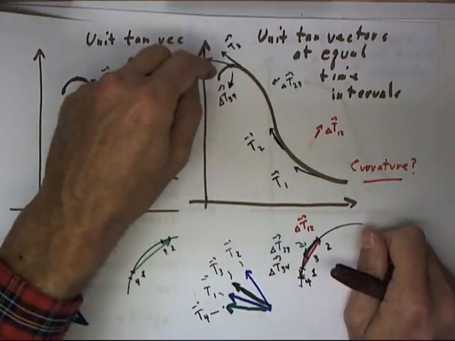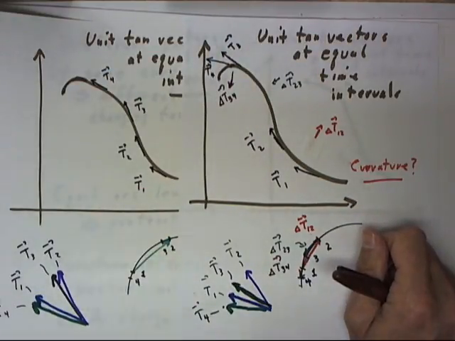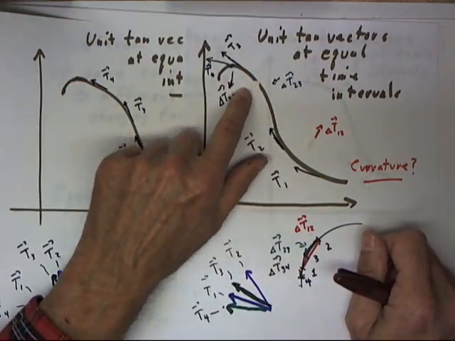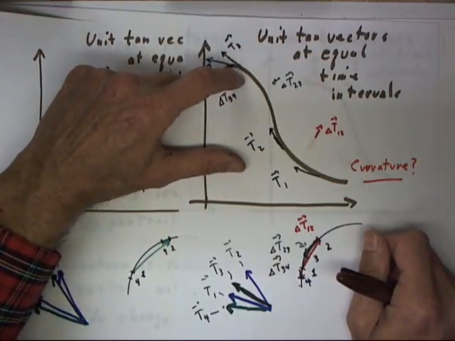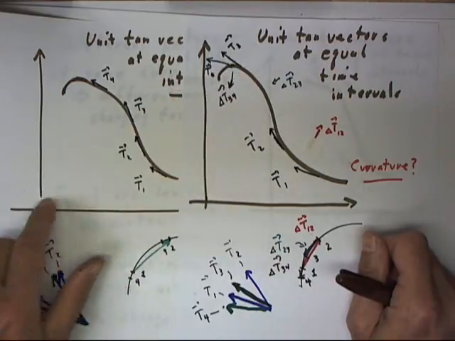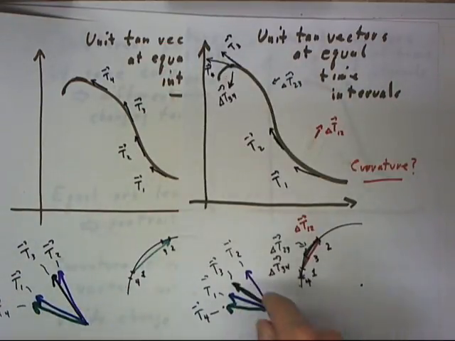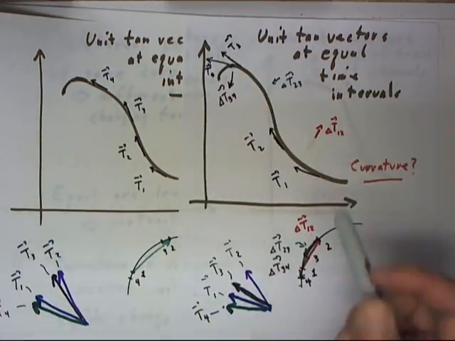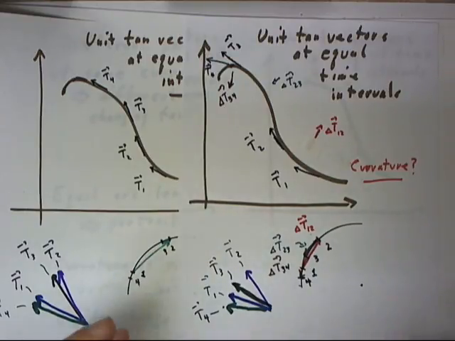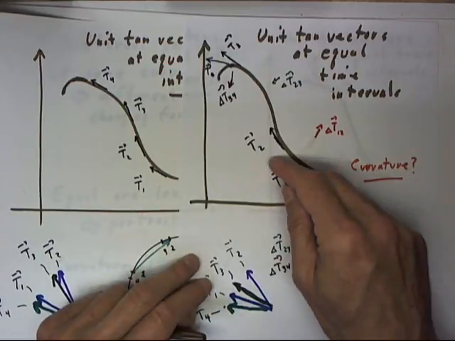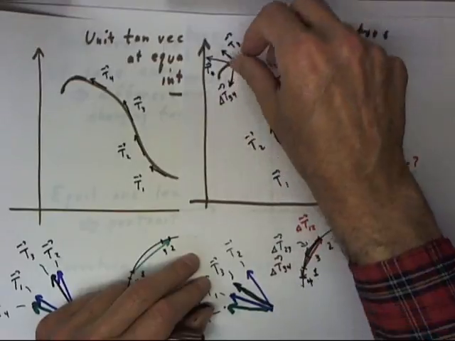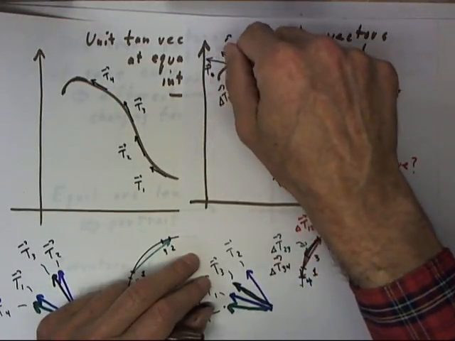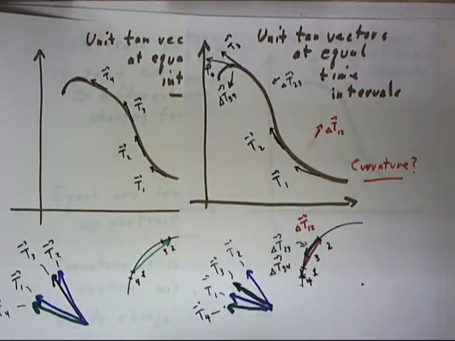That should be about the same length as this one. Just understand this should be a little shorter than what I drew. But now the point is that this is how much our unit tangent vector changed between here and here. This is how much it changed between here and here. And this, if it's made a little shorter, is how much we change between here and here.